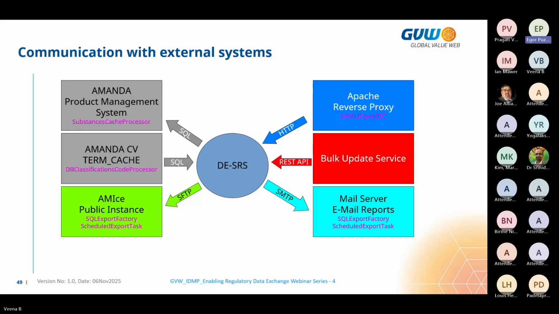We can define which substances we want to update, and then we can enrich substances with additional information. It means adding some codes, we can modify some codes or names, or we can delete some information. All this we can do with the bulk update service. Please, next.